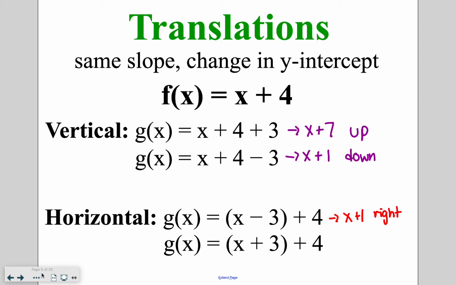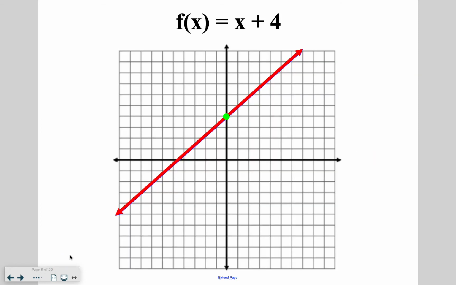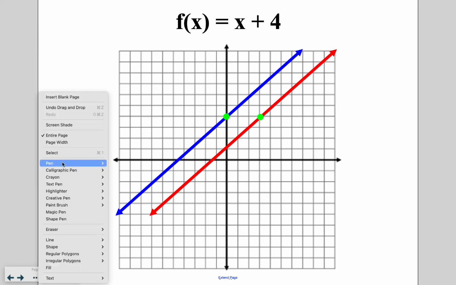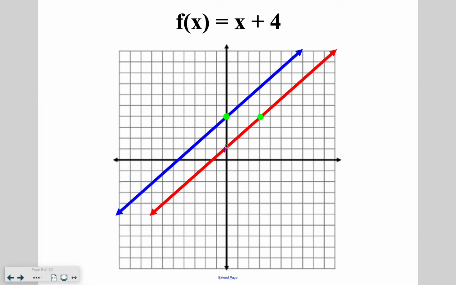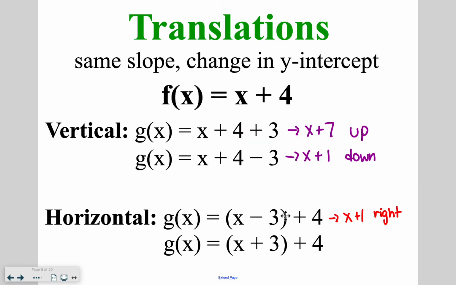So if I take my original y-intercept and I move it 1, 2, 3 to the right, this green dot is no longer my y-intercept, but that new y-intercept point is down 3 spaces. So my graph shifted 3 to the right, but my y-intercept moved down. That is why we have the subtracting when we move to the right, because it actually shifts the graph down.